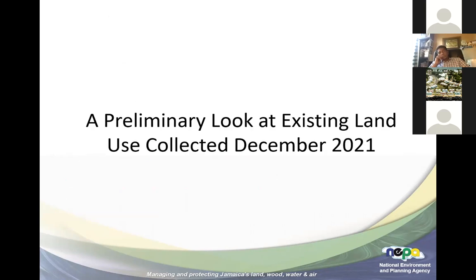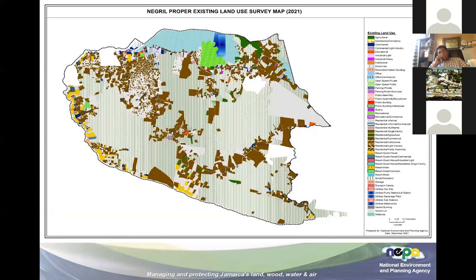So we will now have a preliminary look at some of the existing land use data that was collected up to December 2021. So again, this is a look at the Greater Negril existing land use map. This basically gives us a pictorial representation of the land uses as they are occurring on ground within the Greater Negril area.